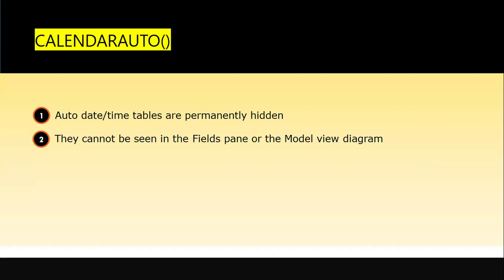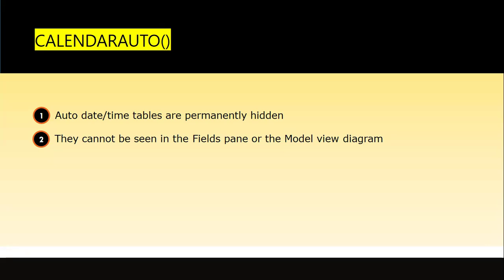The calendar auto function goes and picks up the least date value from the date columns, maybe from any of the existing tables, and it checks the recent date from any one of the date columns in your existing model automatically. The minimum and maximum dates are picked up automatically by the calendar auto function, unlike the calendar function, where you have to use the minimum and maximum functions to compute the minimum date and the maximum date.